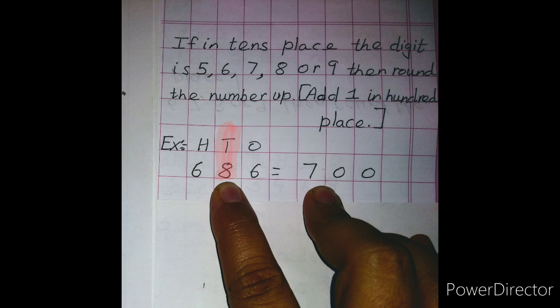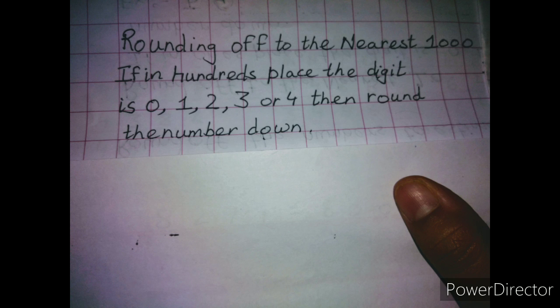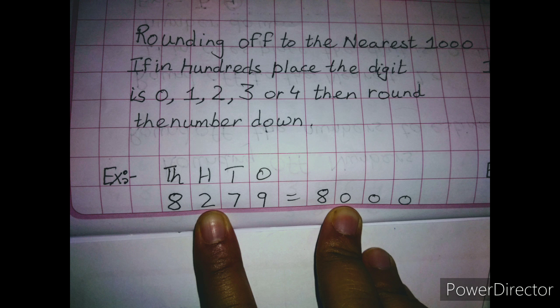Next is rounding off to the nearest 1000. If in 100 place the digit is 0, 1, 2, 3 or 4, then we will round it down. Example is 8279. In 100 place what digit is it? 2. So we will round it down to 8000.